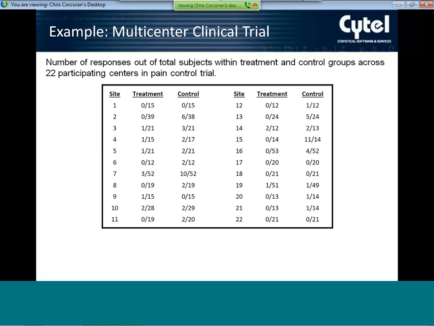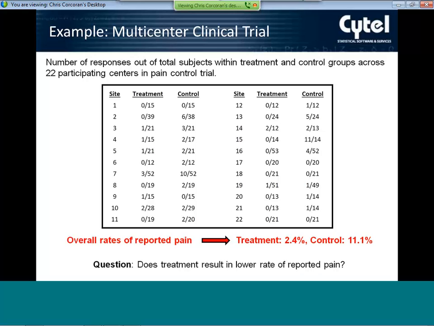Again, if we collapse over all of these sites, in the treatment group, 2.4% of all of the patients across all sites experienced pain, whereas about 11% among the controls did. And so again, the question is, is there evidence here that that treatment actually leads to, or is associated with, a lower pain rate?